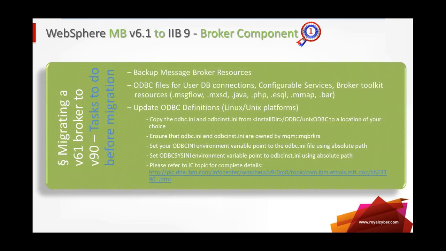So yeah, these things we have to take care of. And you have to again set the ODBCINI environment variable, which points to where exactly your odbc.ini file is, and you have to create another environment variable which is ODBCSYSINI. So these are the things which we have to take care of while migrating from 6.1.